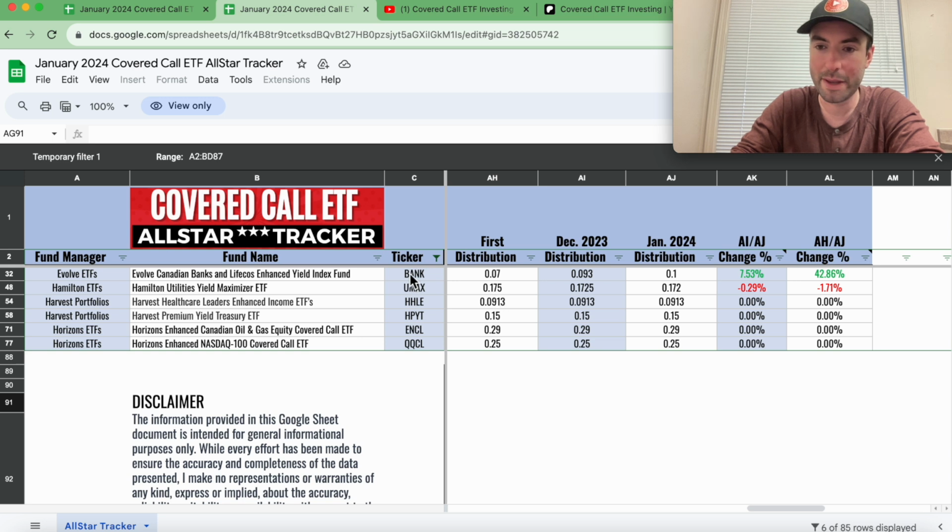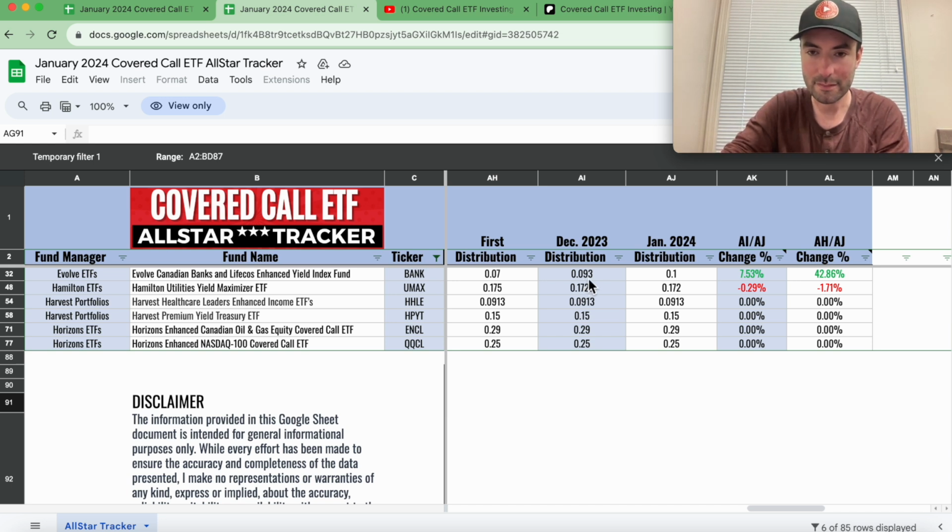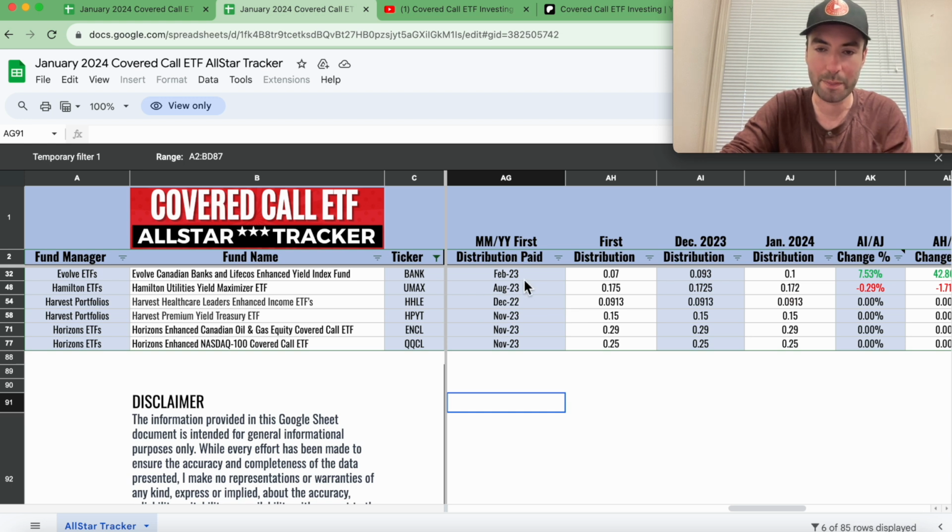Then we have the biggest grower month over month, which is Bank, going from, what would that be? 9.3 cents to 10 cents, a month over month change of 7.53%. Let's see, and then Bank, its first distribution was paid out in February of 2023.